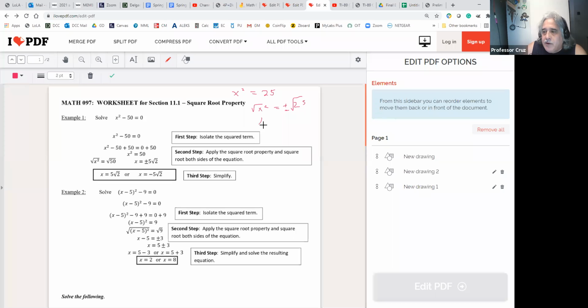The square root of x squared is x, and the square root of 25 is 5. So x is equal to 5 or negative 5. If you take 5 and square it, you get 25, and if you take negative 5 and square it, you get 25.